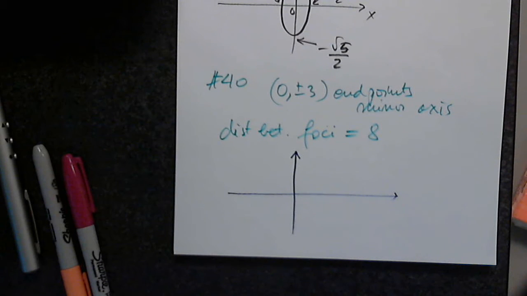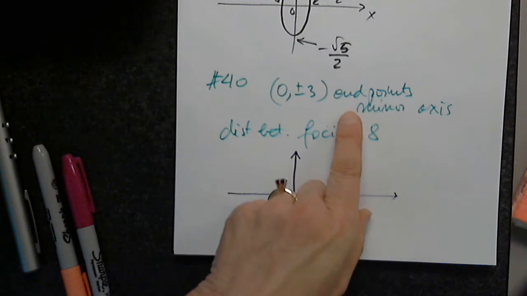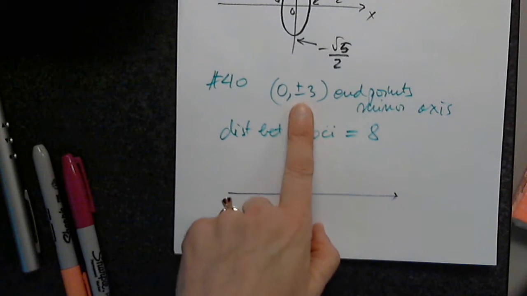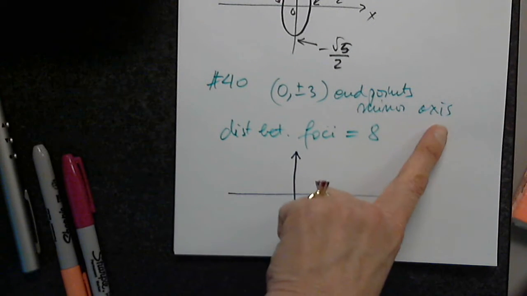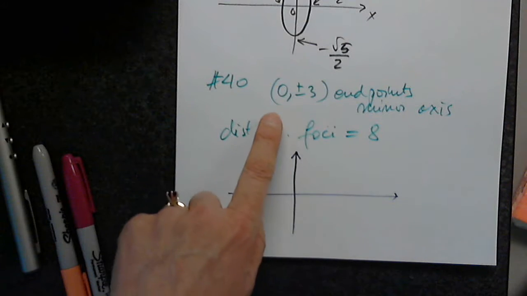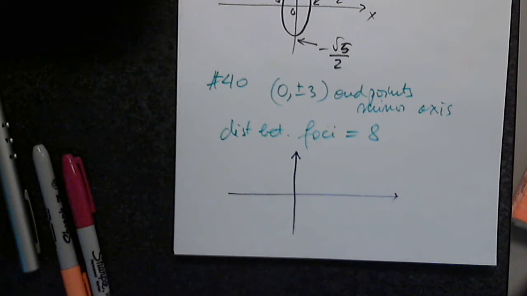X. Or wait, that's the minor axis. Yeah, that's the minor axis. Okay. So that's yes, the endpoints of the minor axis. So they're on the y-axis. So if this is the minor axis, 0 comma negative 3, it means that it is indeed on the x-axis.